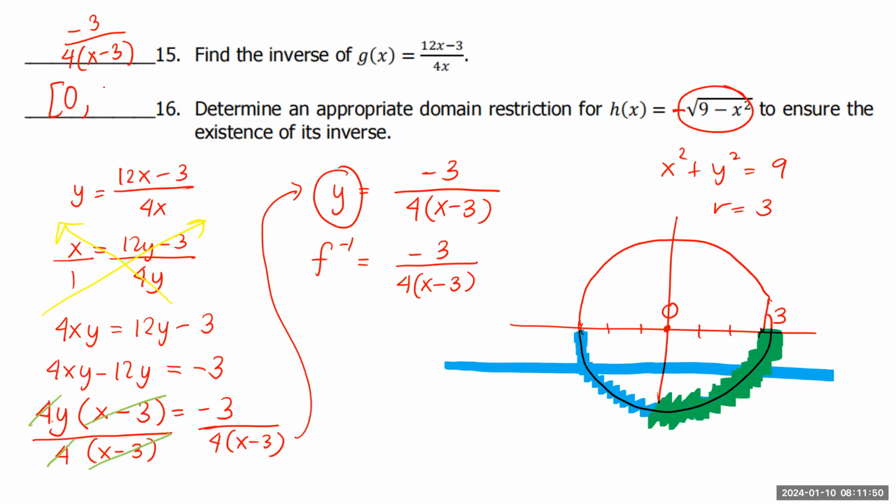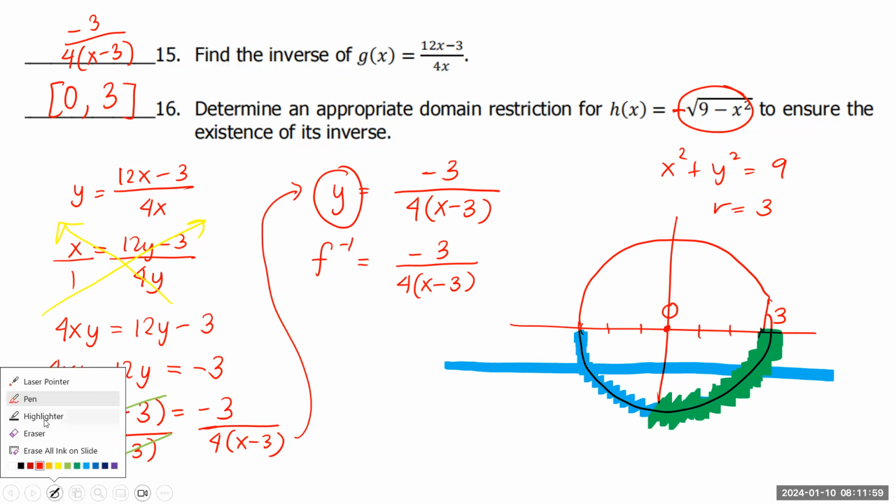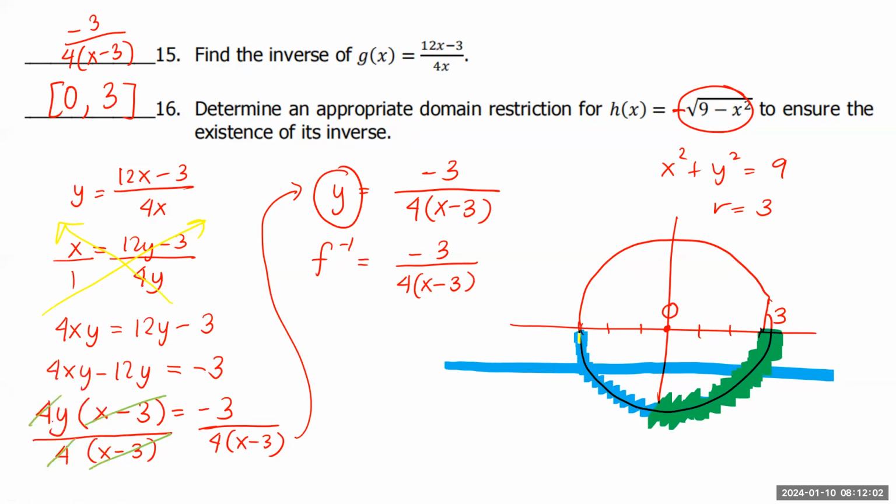So ano pa yung pwedeng maging other answer dito? If we consider naman yung other part, yung yellow shaded, masasatisfy naman yung horizontal line test. And ang magiging domain natin for that ay from negative 3 up to 0. So that is also another possible answer.